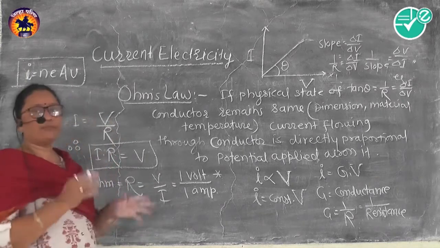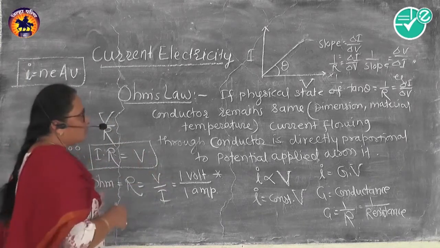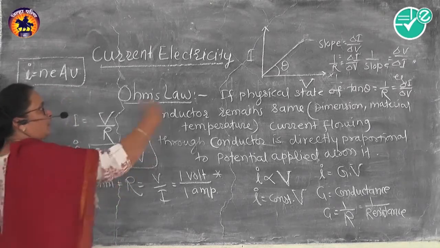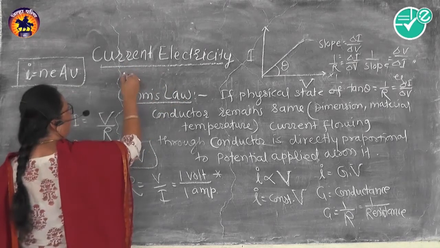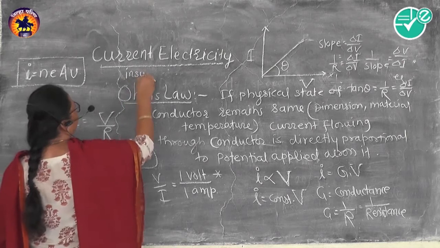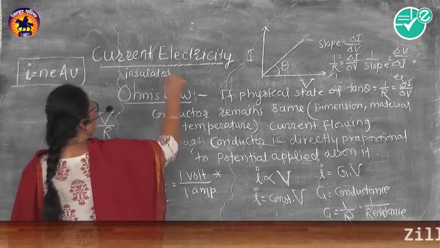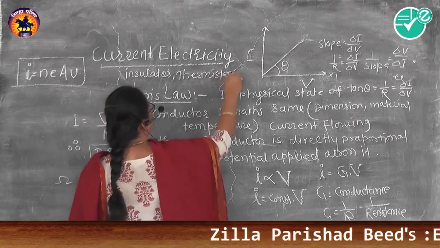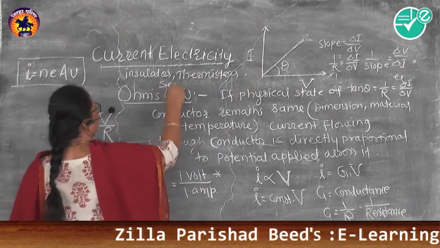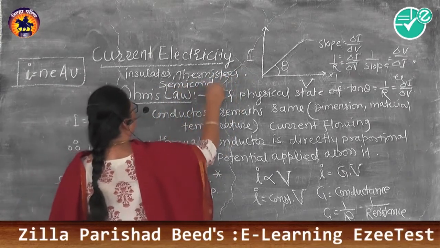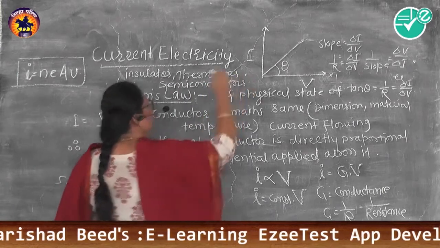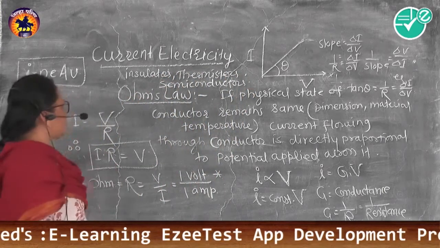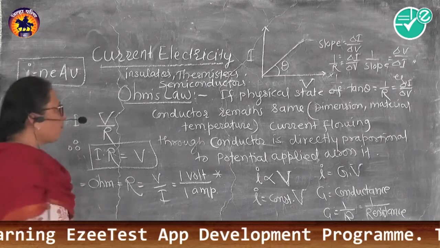And the third important limitation of Ohm's law is that we cannot apply it to insulators, thermistors, semiconductors. So these are some limitations of Ohm's law.